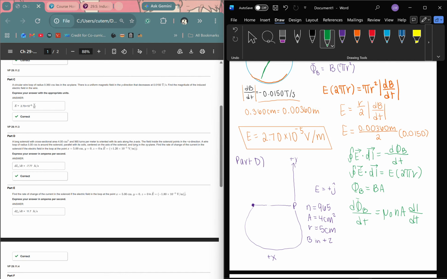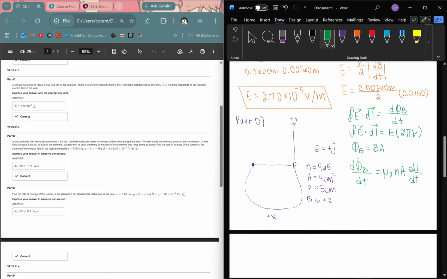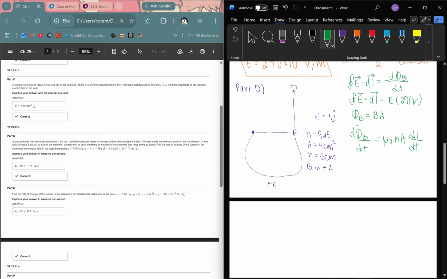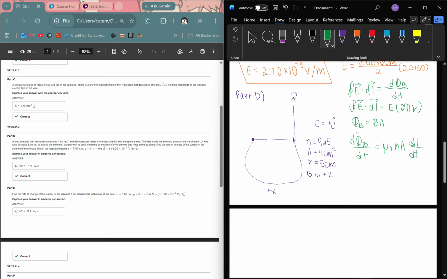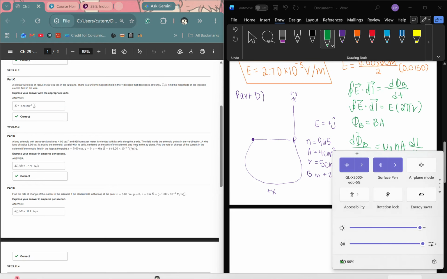Only the current changes with time, so only the I is differentiated. Now I'm going to plug everything together.